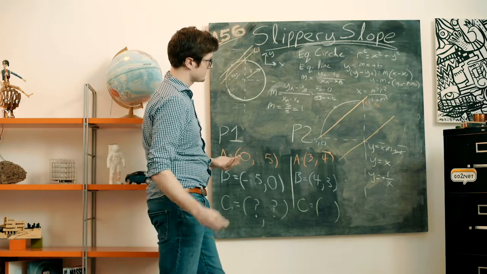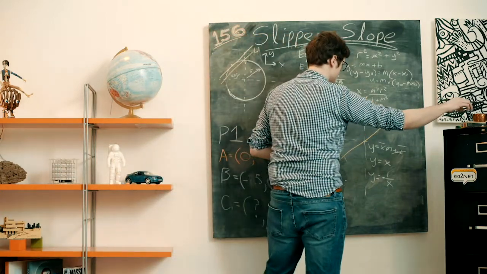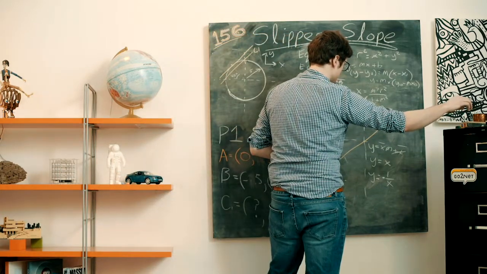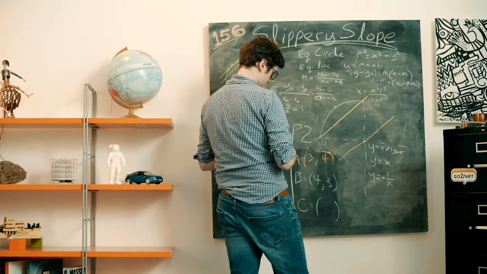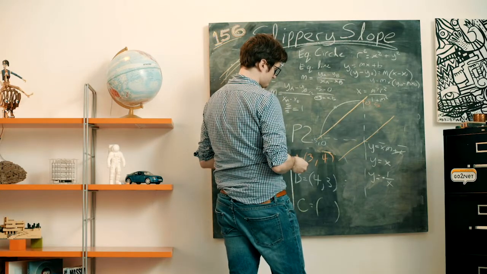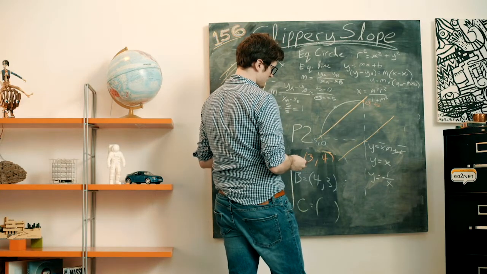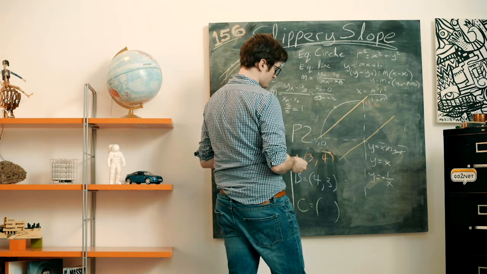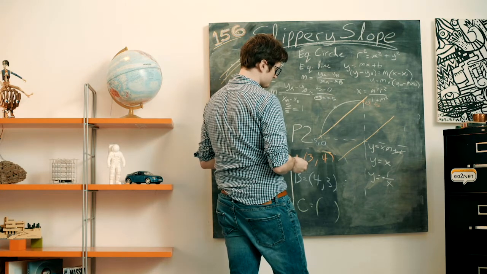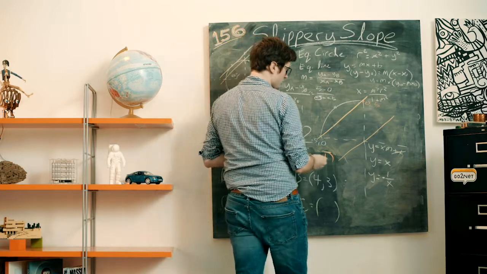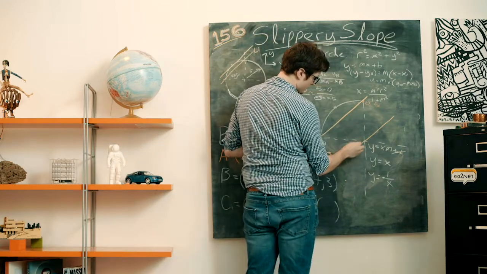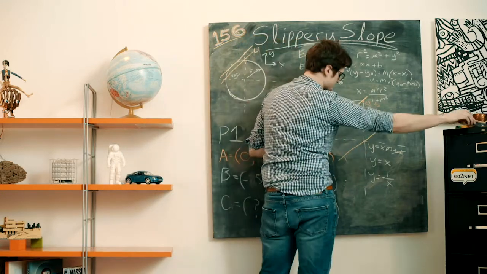And, oh, is that right? Oh, that's not. Is it? Let's see. I think that might be orthogonal. Let's make sure. So, y is equal to 1 over x. As we get small, we get very big. No, that doesn't make sense.